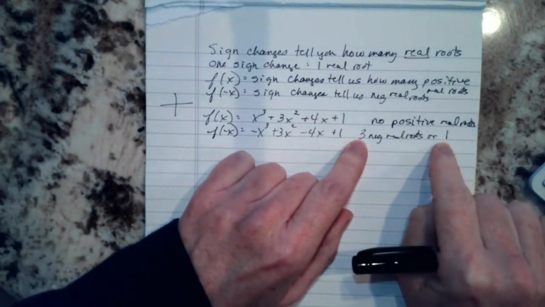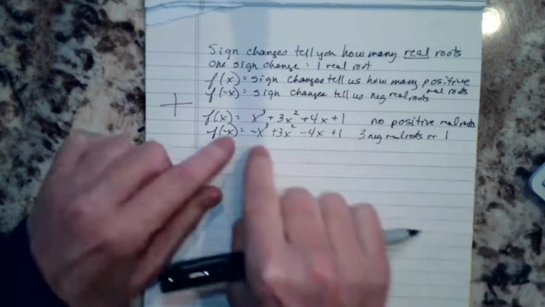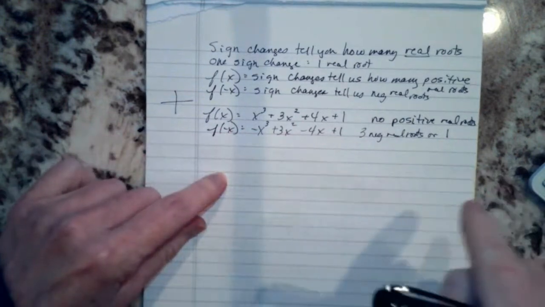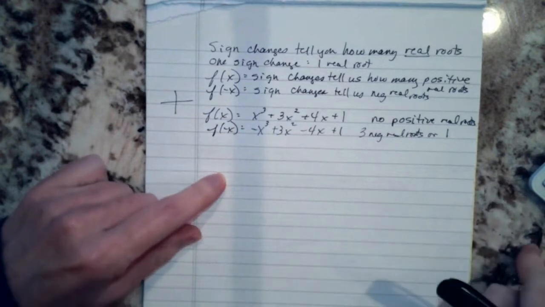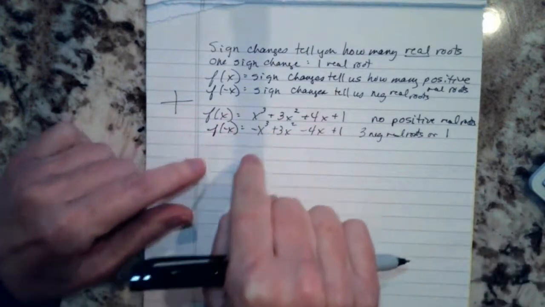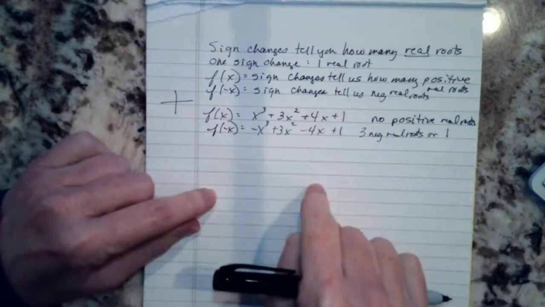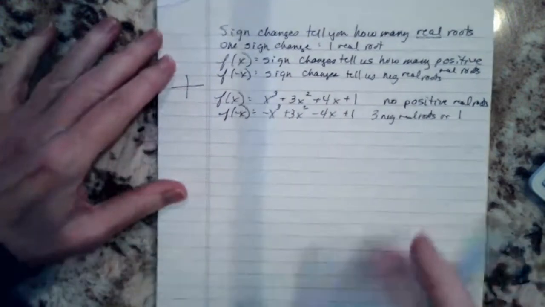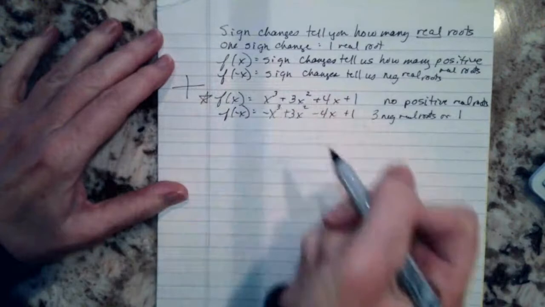They come in the same number or less by even integers, so by 2s. So that if we had 7 changes that occurred here, it'd be 7 or 5 or 3 or 1. If we had 6 sign changes here, it'd be 6 or 4 or 2 or none. Okay, that's one problem right there.